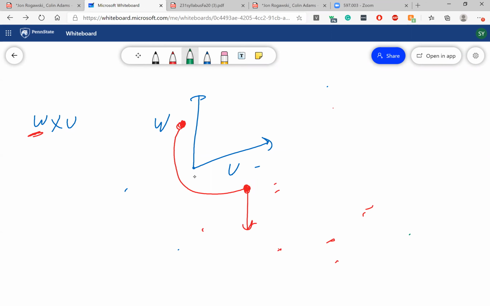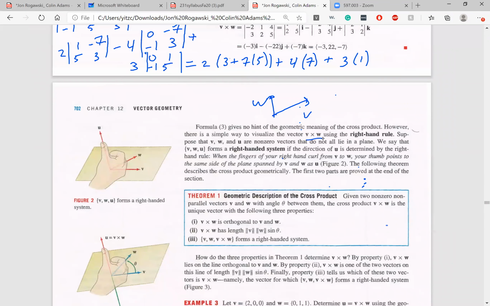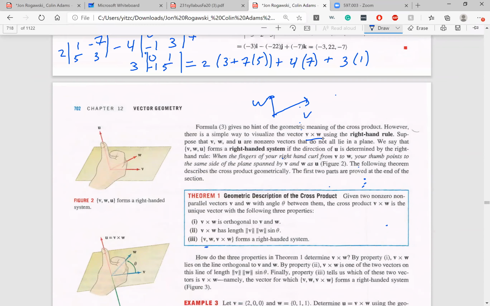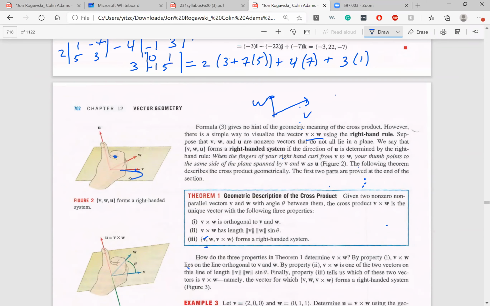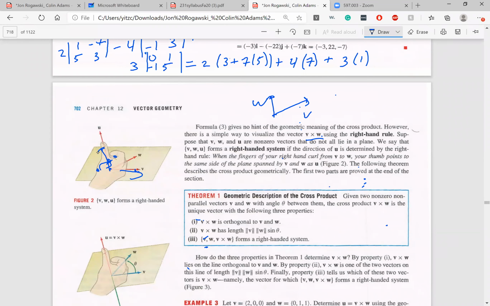And so this vector over here is going to be going down. Here's a picture of that. If we are looking at the vector v cross w, then we put the fingers of our hand in the v direction, the palm of our hand in the w direction, and then our thumb is sticking up, and that tells us the direction in which v cross w is going. Does that make sense?